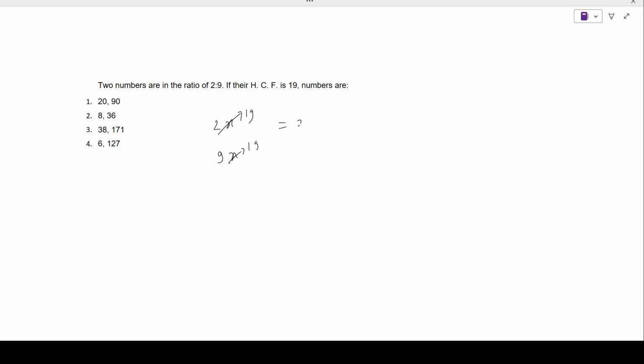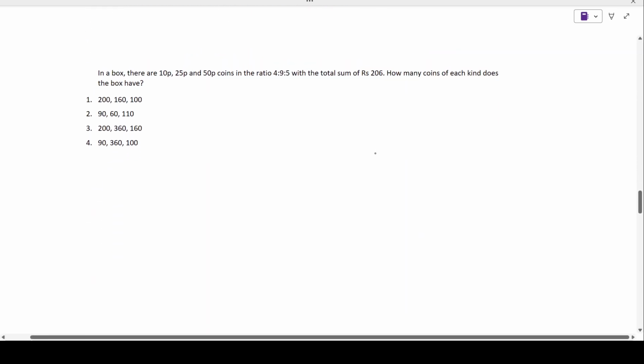So the numbers become 2 into 19 and 9 into 19, that is 38 and 171. So the correct option is option number 3, 38 and 171. Moving to the next question.